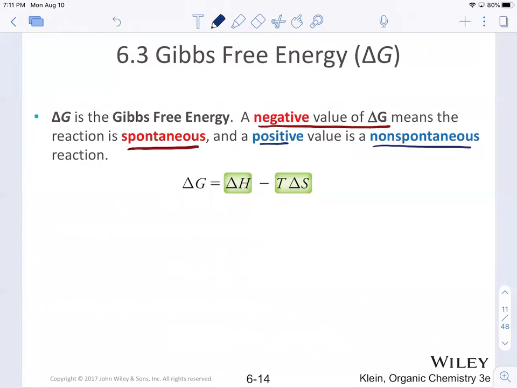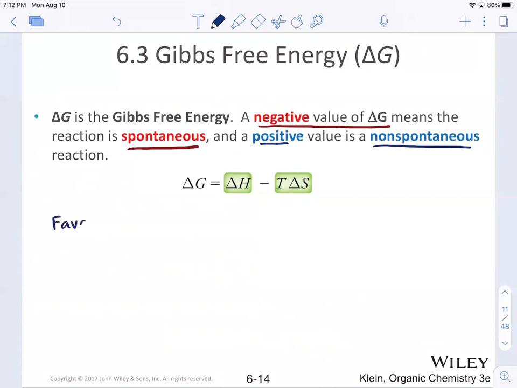And so enthalpy is important and entropy is important. If we can look at entropy and decide, and look at enthalpy and decide, is it favorable or not, then we can understand if the reaction itself is favorable. So a couple of things with our Gibbs free energy idea.